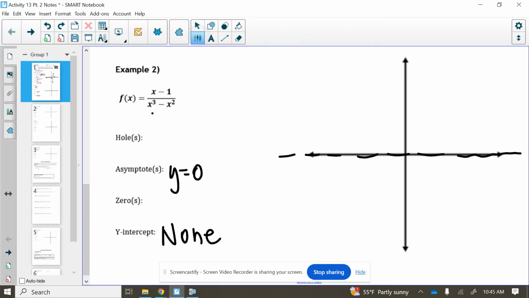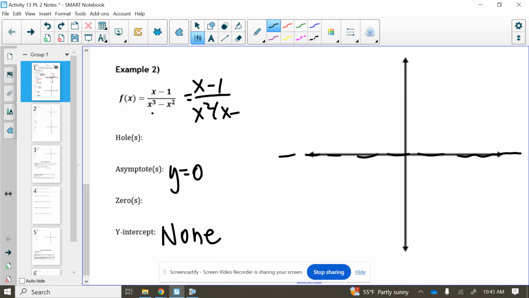Our next piece, if we start factoring to check, we see that we can take out an x squared and that this will result in another hole at x equals 1. And if we plug that 1 back into 1 over x squared, 1 over 1 squared is positive 1. So we see that hole at (1, 1) this time.